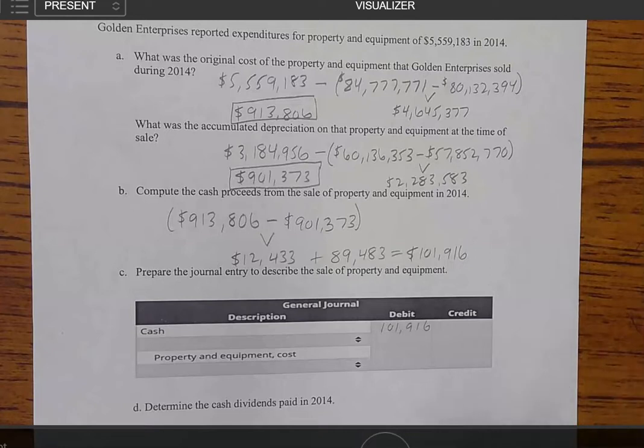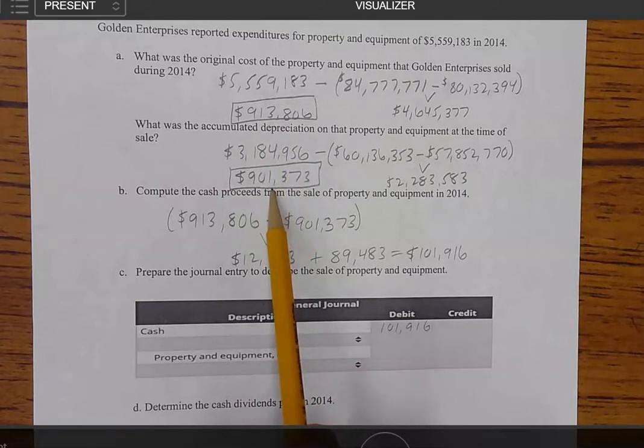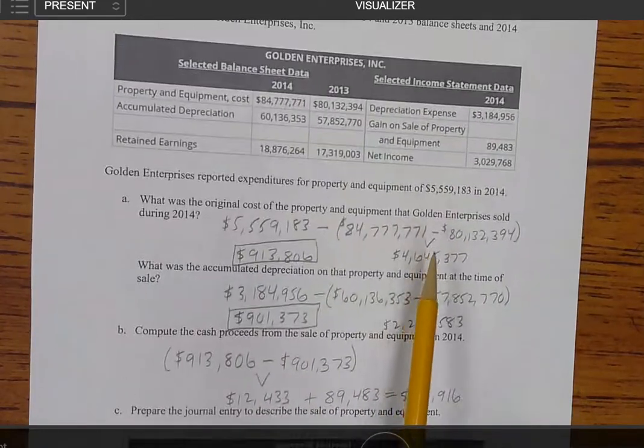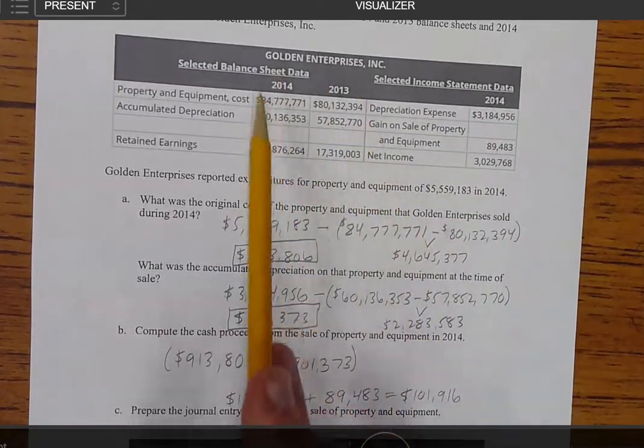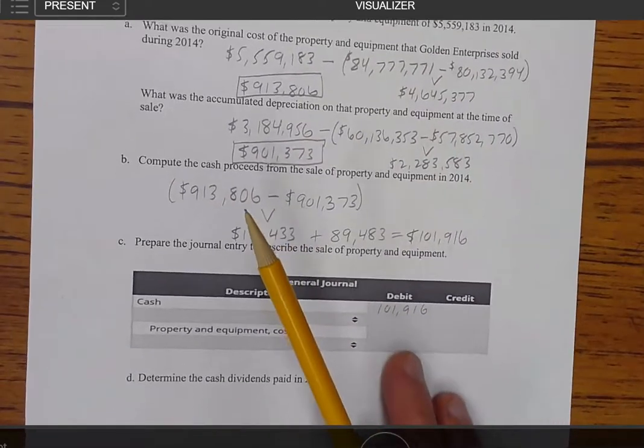It's an adjustment account for assets. So when this was on the balance sheet, if you can visualize this, we had the equipment at 913,806 and then related accumulated depreciation of 901,373. That's not what we would see on the balance sheet, right? Because we have other equipment up here. But that is what was embedded within that figure.